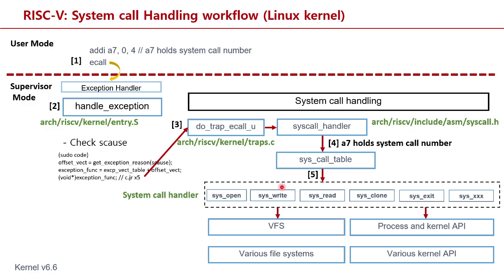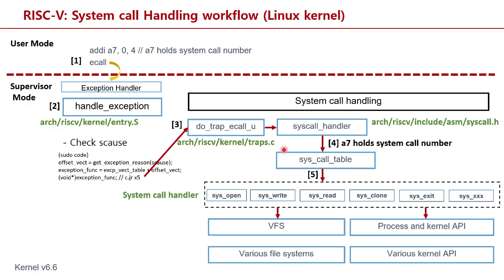If the system call number is the write system call number, the write system call handler will be called. If the system call is read, the sys_read system call handler will be performed. Later, an internal kernel API will be called, and it will perform the necessary operations for the system call. So this is the basic operation when you think about system calls in the Linux kernel.